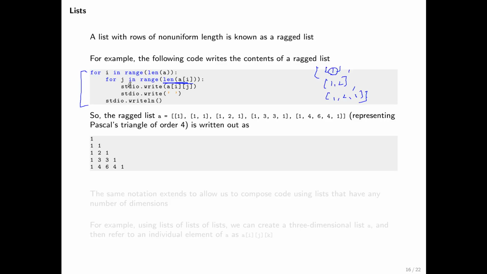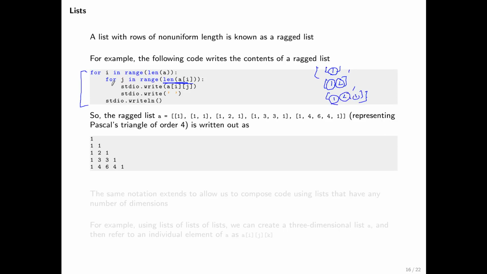Then when i is 1, length of a of 1 is 2, because this list has two elements. So the possible values for j are 0 and 1, so we're correctly going to print out these two. And then finally, when i is 2, length of a of 2 is going to be 3, because there are three elements here, and then j is going to take on the values 0, 1, and 2, so we correctly get these elements.